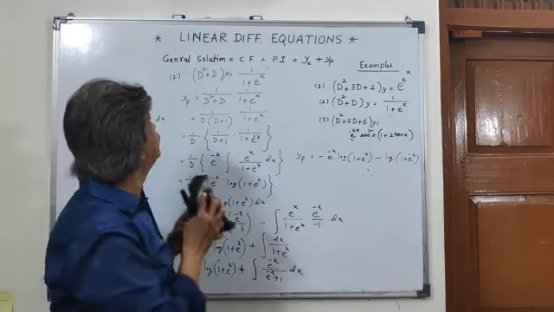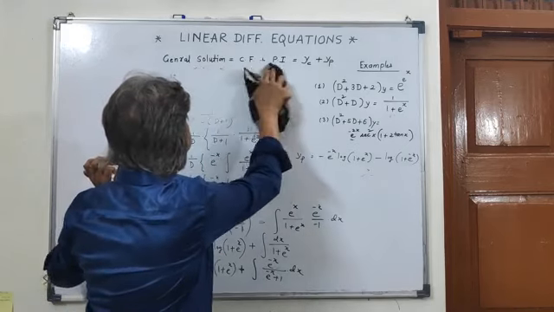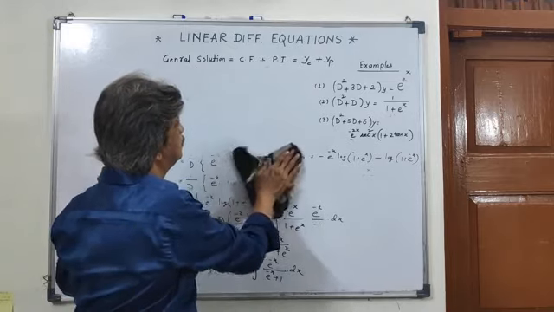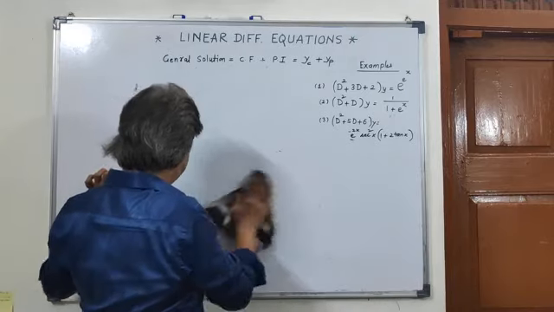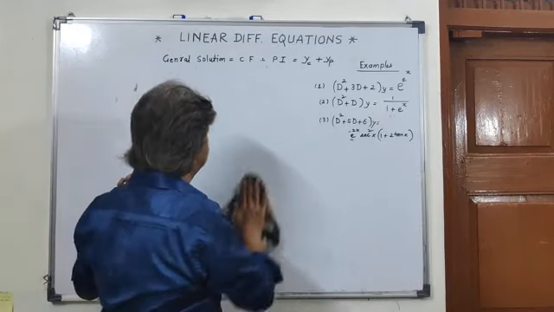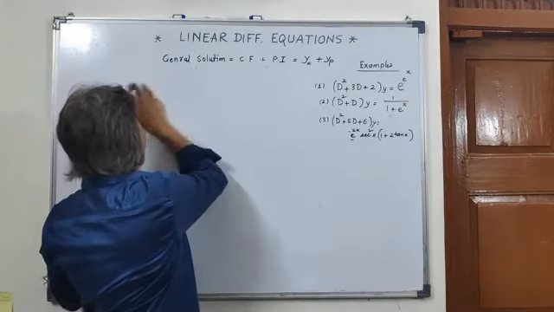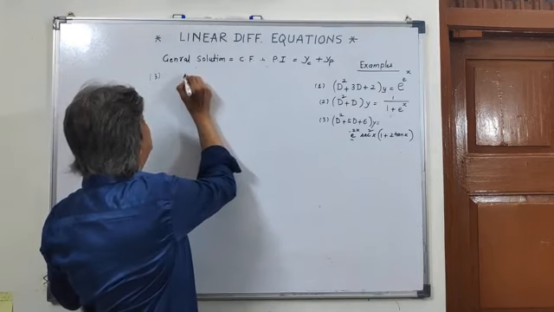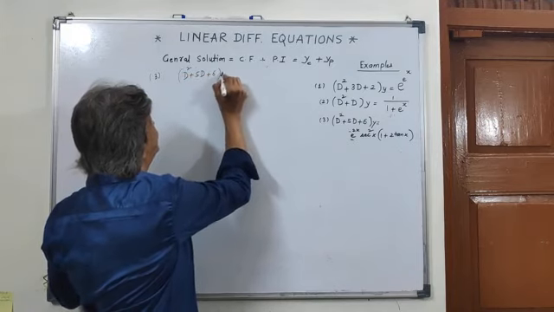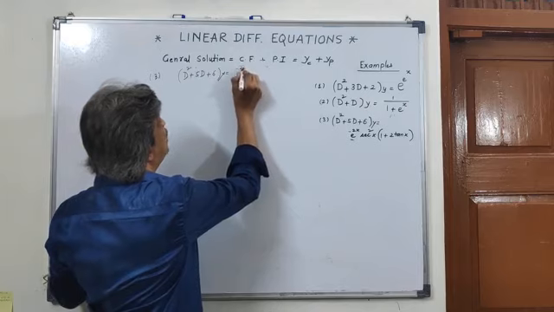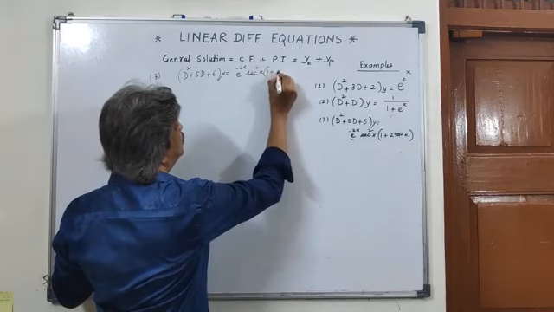Now third and final. Third example is D square plus 5D plus 6 into y is equal to e to the power minus 2x sec square x into 1 plus 2 tan x.